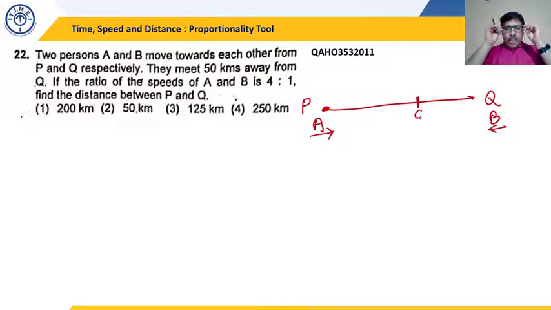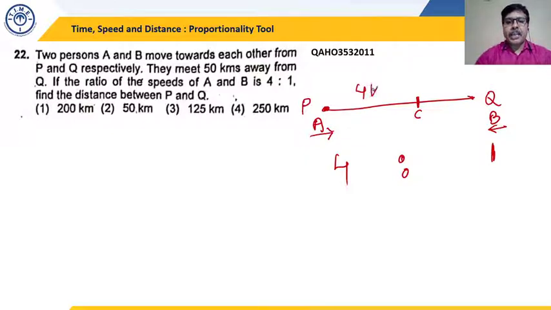If the ratio of speed of A and B is 4:1, can I say the ratio of their distance covered is also in the ratio of 4:1. So if this distance P to C is 4K, then Q to C is K.